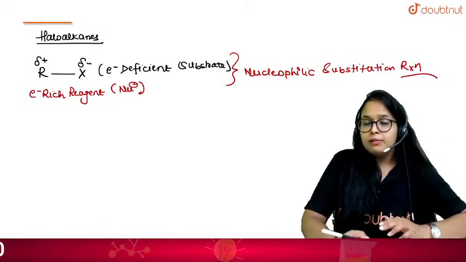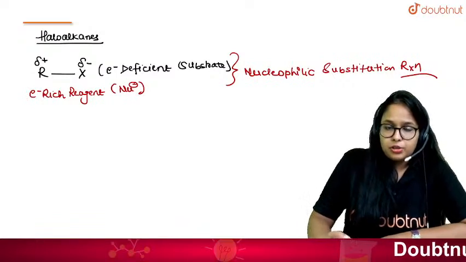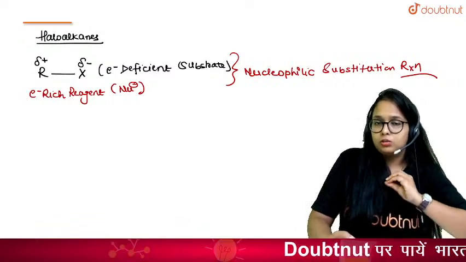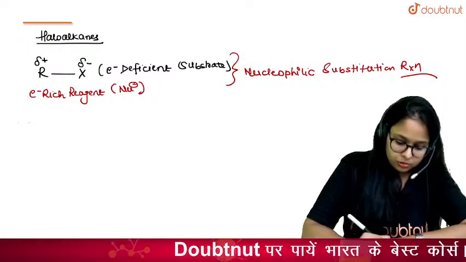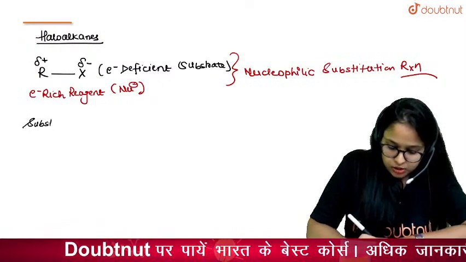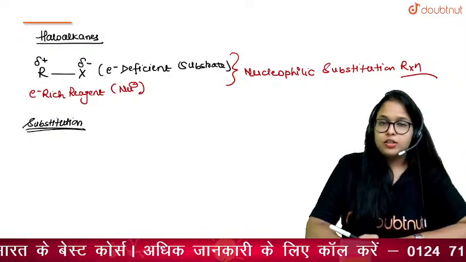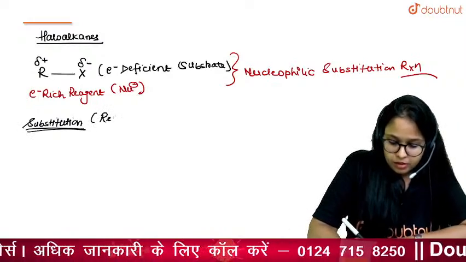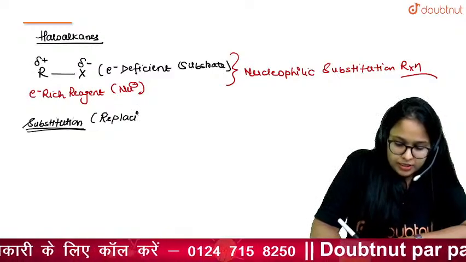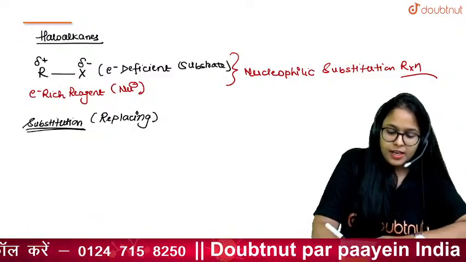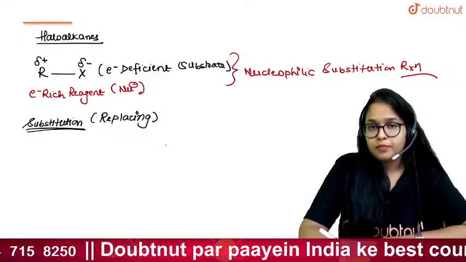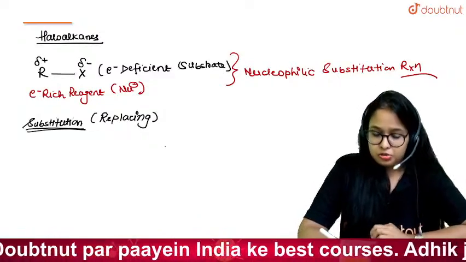Now, what is the mechanism of nucleophilic substitution reaction? But before we go into the mechanism, let's understand what the word substitution actually means. Substitution means replacing. When a nucleophile replaces one of the atoms from the substrate, it is a substitution reaction.